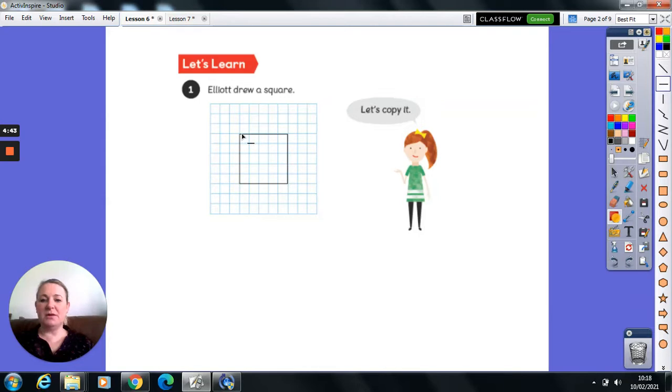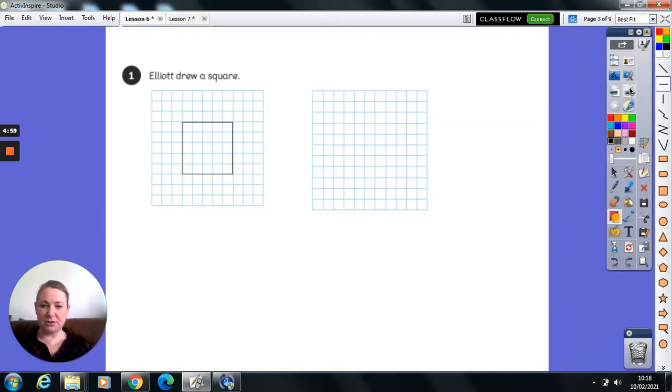So you guys with a ruler, sorry I can't demonstrate on here actually using a ruler to draw these lines, would draw a line 5 long and then go down vertically 5, 5 across and up to join it for 5. So let's have a little practice at that and see what it would look like. So I'd start here, I'd count, you'd line a ruler up, 1, 2, 3, 4, 5.